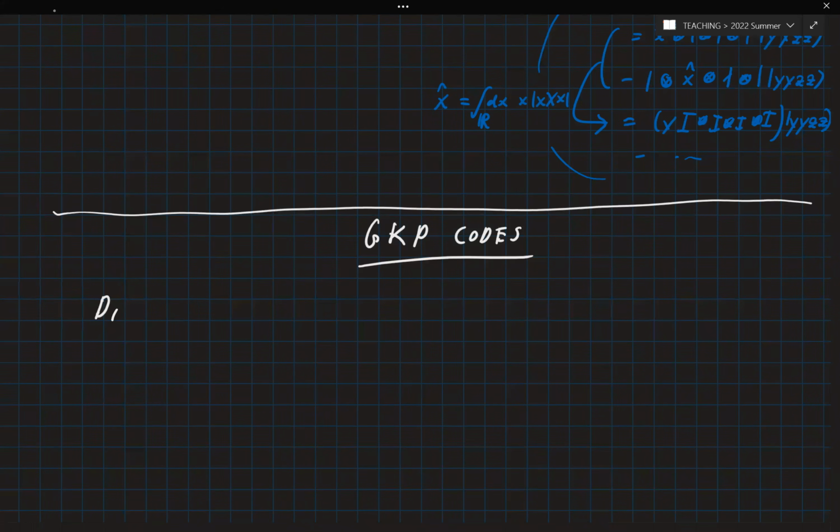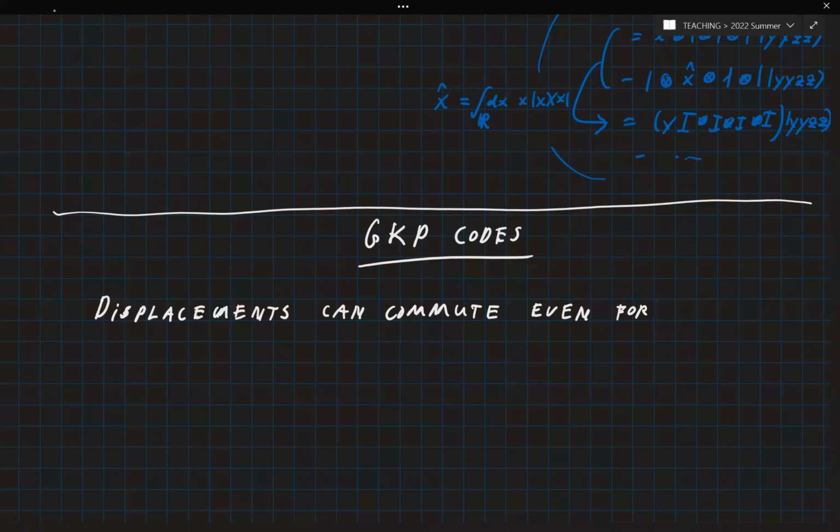So above we had a set of commuting shift operators that formed our stabilizer group. But it turns out that displacements can commute with each other, even for one mode. So before we had the 4-mode code, we needed 4 modes. But you can play this game even for 1.